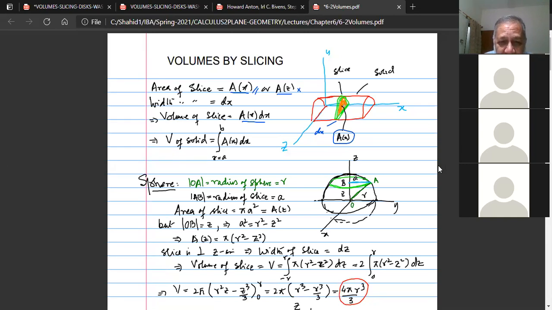We are here considering, as shown by the heading, volumes by slicing. Only in case we can make slices in such a way that the cross-sectional area of the slice is a function of only one variable, and the width of the slice is represented in terms of the differential of the variable whose axis is perpendicular to the slice.